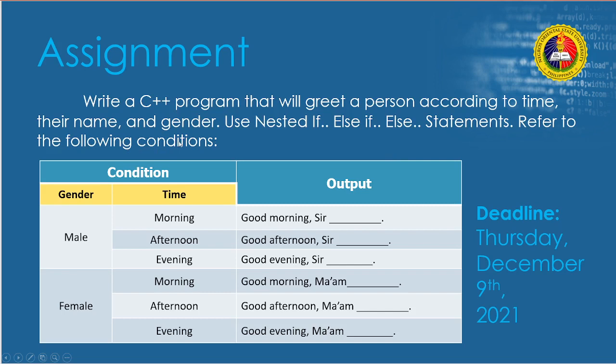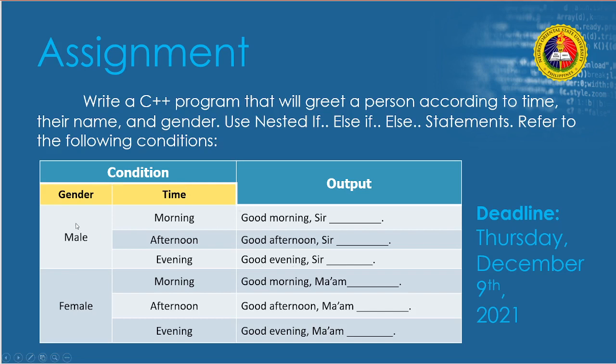So meaning, first, you'll be using the user input and output. First you're going to enter the name of the person, and then their age, unsa iyang gender, babae ba siya or laki, and then after ma-accept ang gender, you're going to enter the time, and then based on the gender and the time you input, it will display the following output.